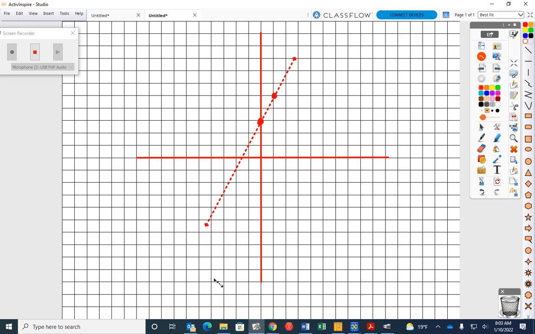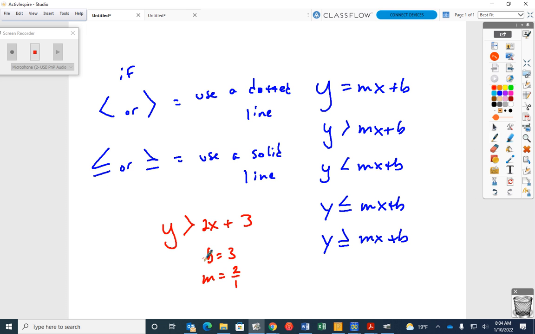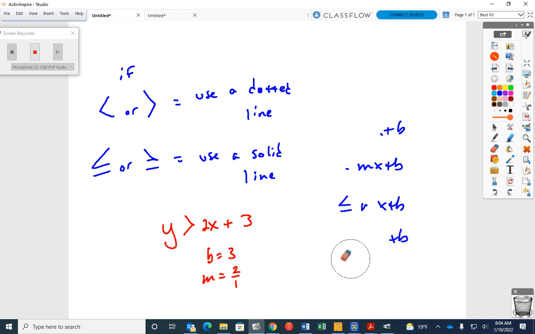What we've got to do is shade the side that shows all of the answers that make that inequality true, because there are two sides to this inequality. There is this side and there's this side. So when we are finding out what to shade, we're going to use a test point. You know what, let me go through the steps here. Step 1, graph the inequality.